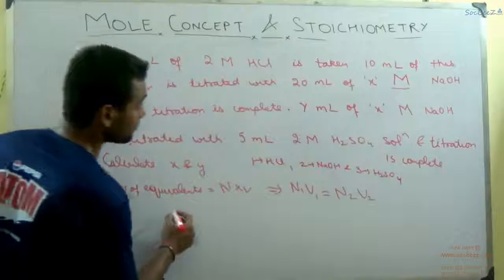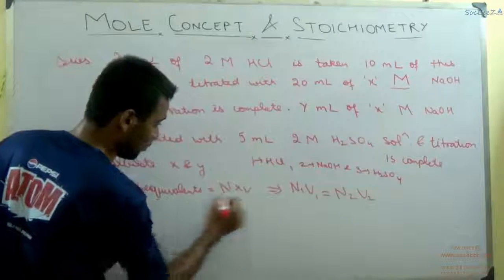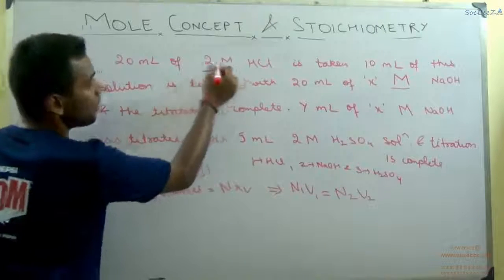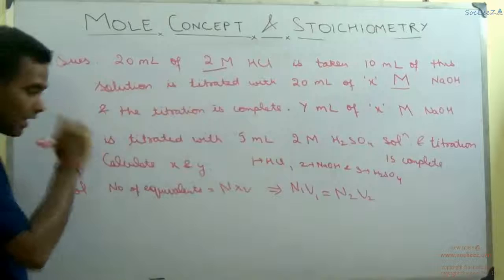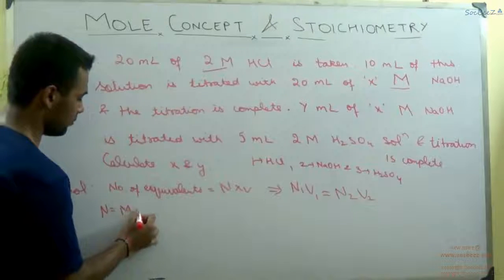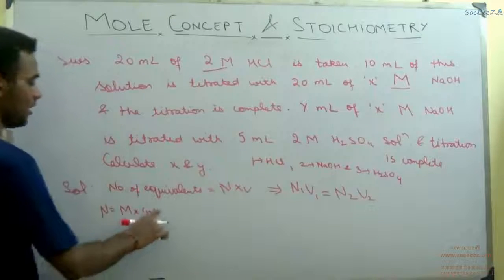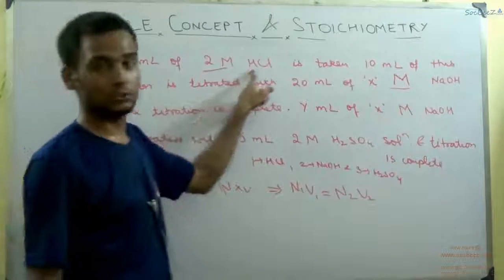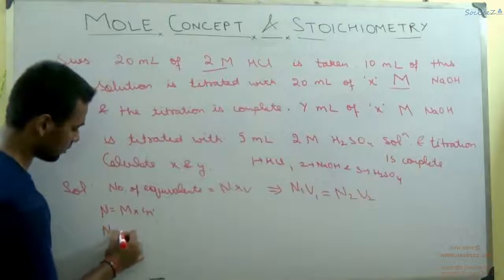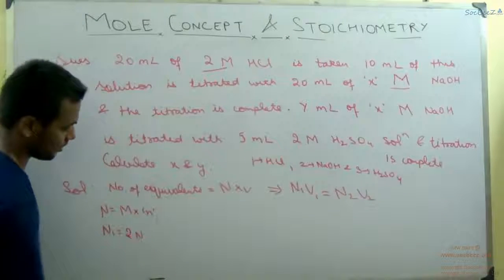So here, the molarity of HCl is 2 molar. We know that N equals M into n factor, and here the basicity of HCl is 1. Therefore, normality N1 equals 2.